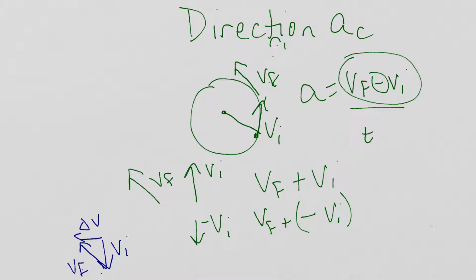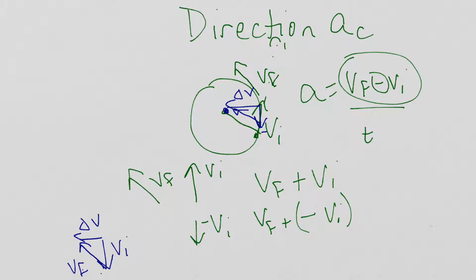And if you put that on the circle, you can see that it looks like this. The change in V is here, like that. Negative VI is exactly opposite of this right here. And then the VF points like that.